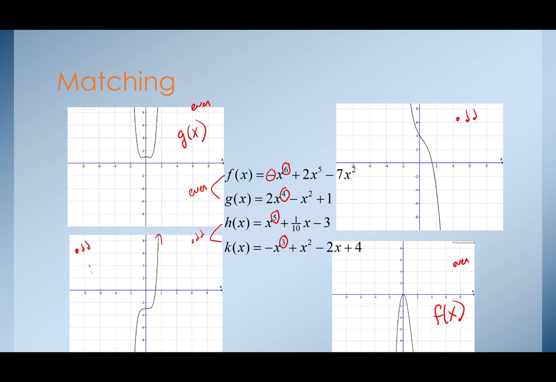So this one has got to be h of x. And this other one has been reflected, right? Its endpoints are going in the opposite directions from the standard y equals x cubed. So this one has to be k of x. We didn't even have to graph anything to do this matching, so we know we're good there.